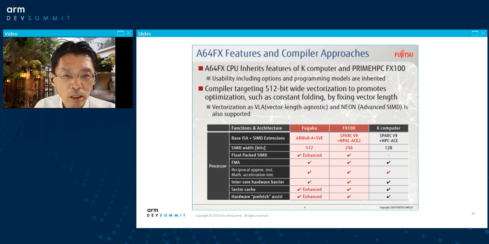At the same time, compiler usability, including options and programming model, is inherited. From the hardware perspective, the compiler targets 512-bit wide vectorization to promote optimizations such as constant folding and fixing vector lengths. But Fujitsu compiler also provides vectorization as vector length agnostic, and Neon is also supported.